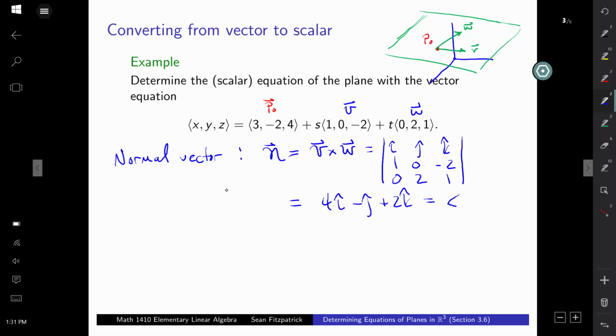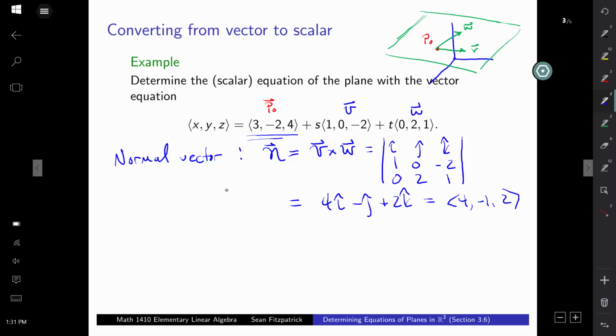So that's the vector 4, minus 1, and 2. Remember, if you want to make sure that you didn't make a mistake, you can calculate the dot product of this vector with the two vectors you started with. Make sure that you do indeed get 0 for both of them, and you can check quickly that that is the case.